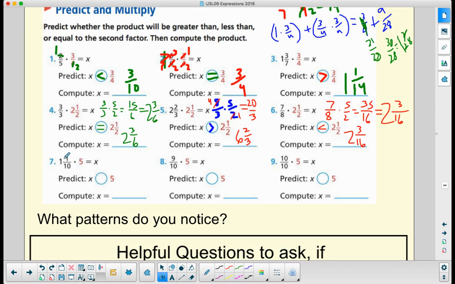Taking a look, 1 1/10 multiplied by 5, will it be greater than or less than 5? I believe it's going to be greater than 5 because I have one group of 5 and 1/10 of a group of 5.